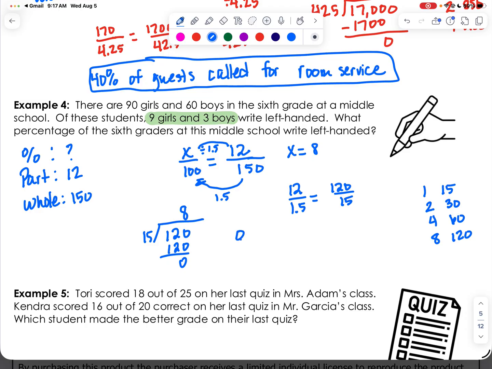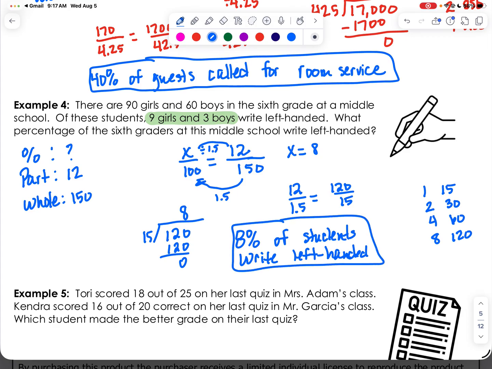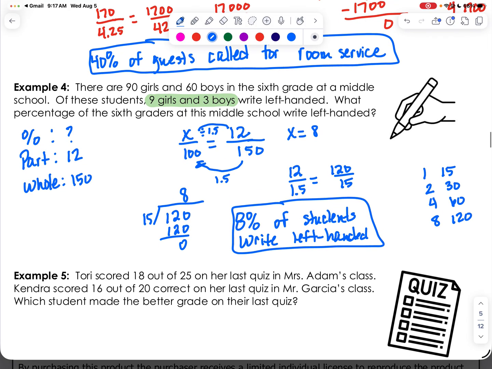So I can say 8% of the students write left-handed.